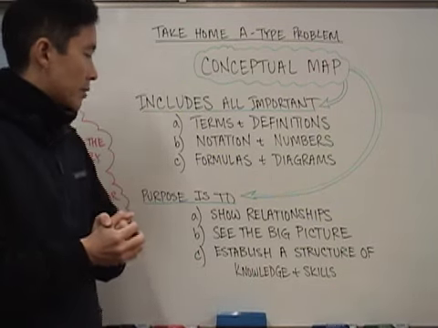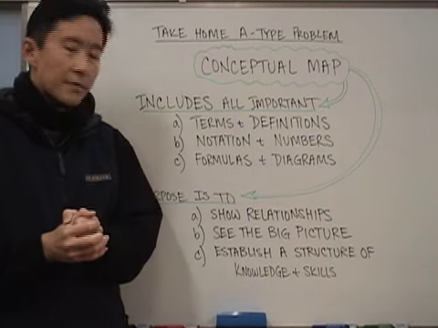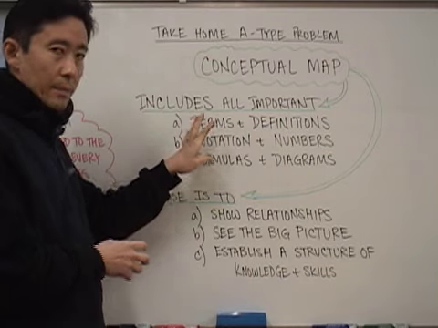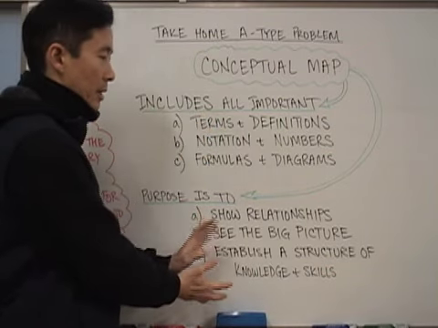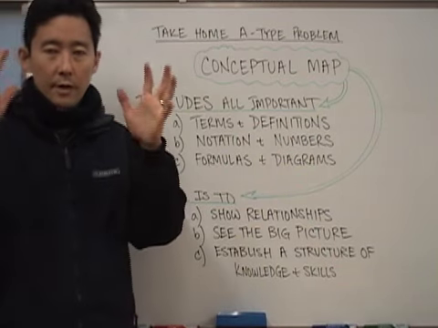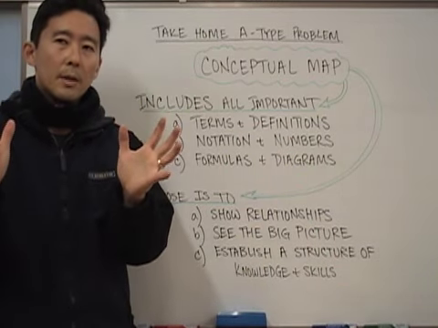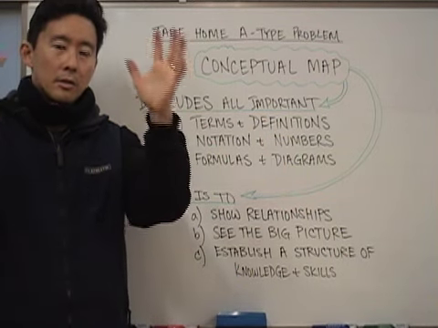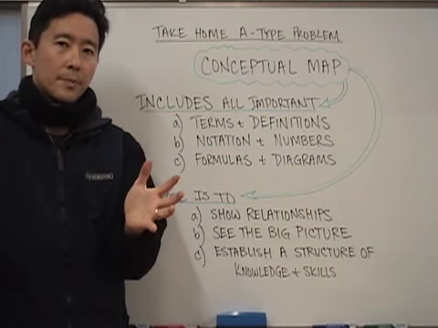And the last one is you want to be able to establish a structure of knowledge and skills. So what you have here is a list, but the conceptual map goes a little bit further. It's going to show the relationships, and it is also going to give you a very concrete way of seeing the big picture and how all of the little pieces contribute to the structure of the big picture.